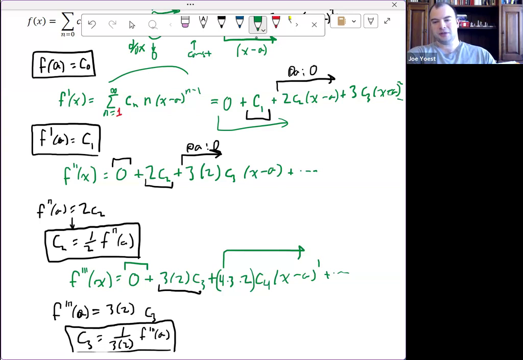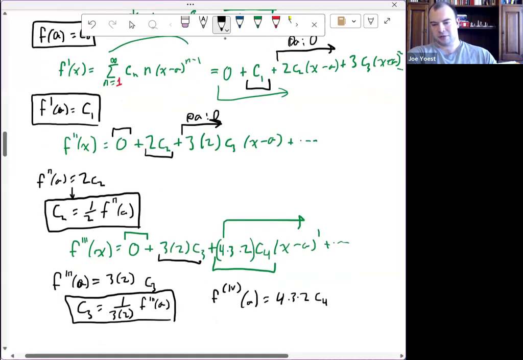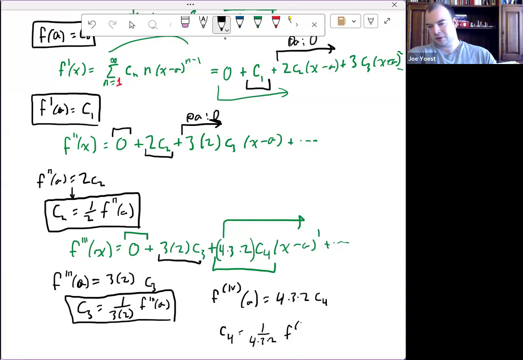So what are we going to get next? 4 times 3 times 2 C4 equals the fourth derivative at a. Or C4 is 1 over 4 times 3 times 2, f fourth derivative at a.